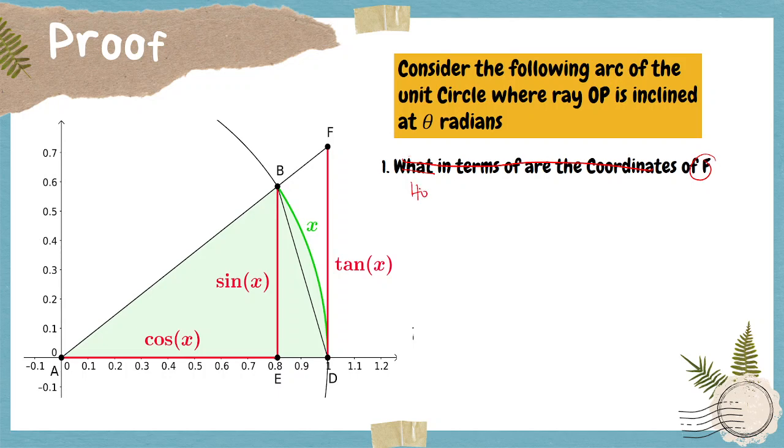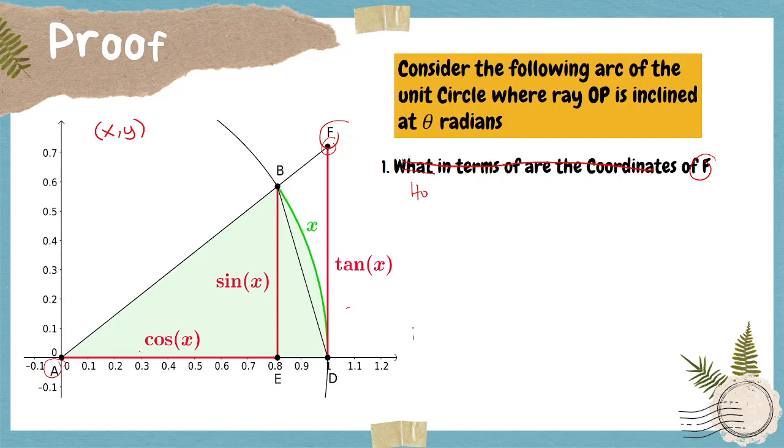How are we going to write F in terms of coordinates? What does a coordinate contain? We have x and we have y. To write F in terms of its coordinates, we have to know the value of its x and the value of its y.